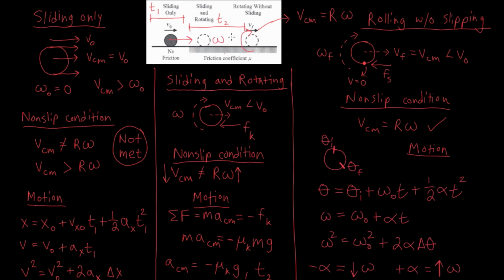During that process the angular speed increased as it went from 0 to something greater than 0. And since the angular speed increased, we know that the angular acceleration has to be positive, because the angular speed was increasing throughout this entire process. So the angular acceleration has a positive sign.